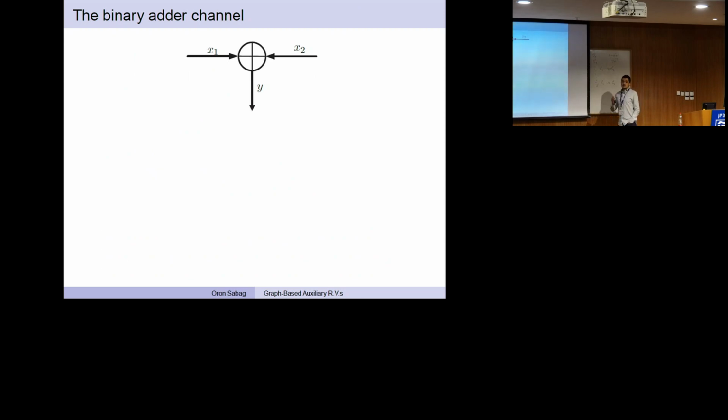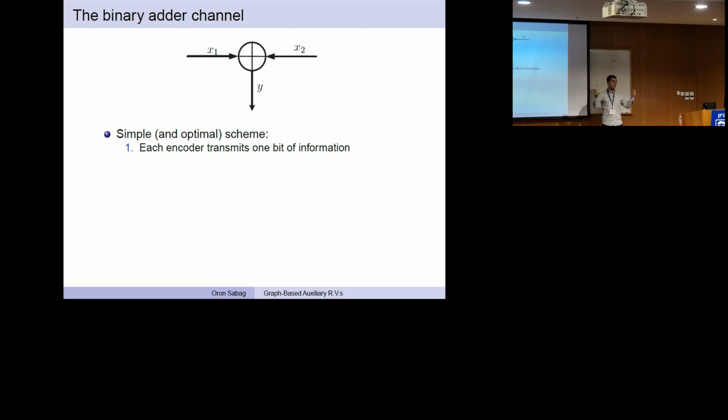But still there are some two-way channels with common output that can be solved. This is one simple example, the binary XOR channel. There are two binary channel inputs, X1 and X2, that are XORed and fed back to both users at each time. The simple scheme is for each of the users to transmit one bit of information at each time.